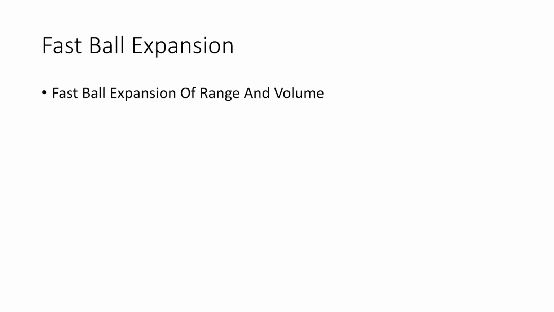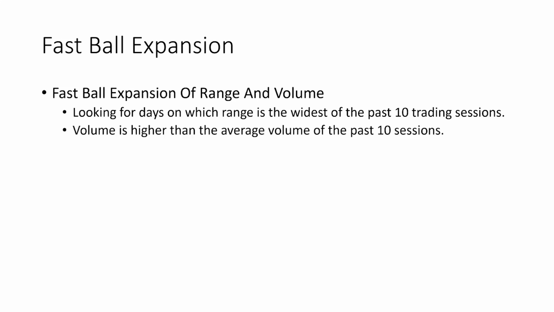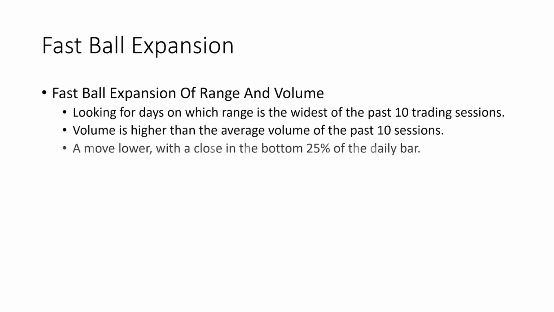So the Fastball expansion, first thing is this is an expansion of range and volume. I'm looking for, or MetaStock is looking for, when you run the scan, the days where the range is the widest of the past 10 trading sessions. Generally speaking, you want to go through then and validate that volume was also higher than the average volume of the past couple of weeks of trading.